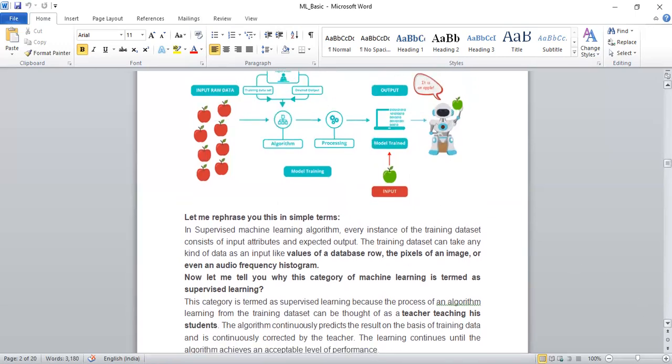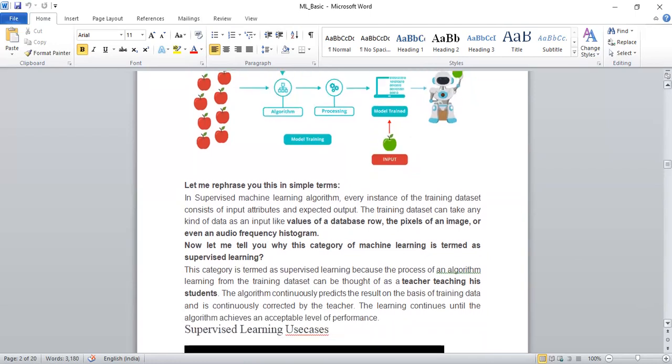The algorithm continuously predicts the result on the basis of training data and is continuously corrected by the teacher, meaning by the algorithm.